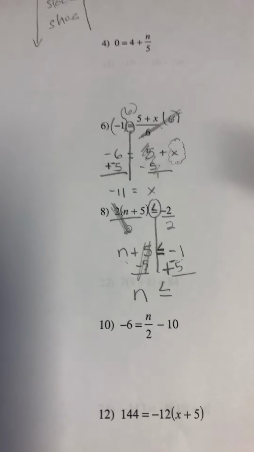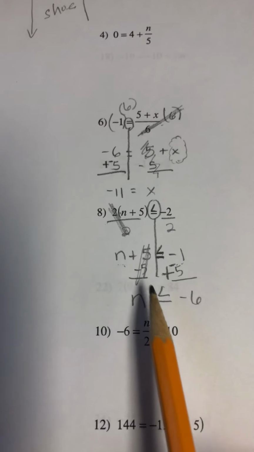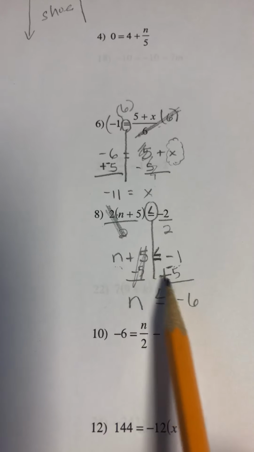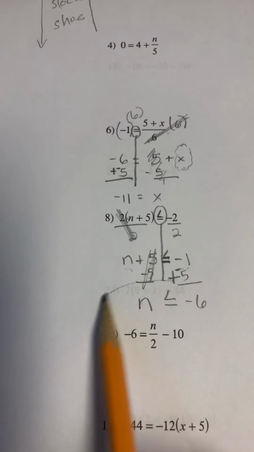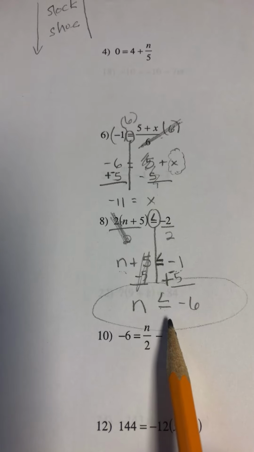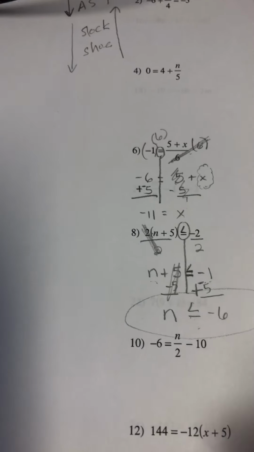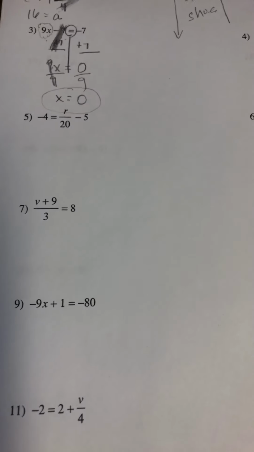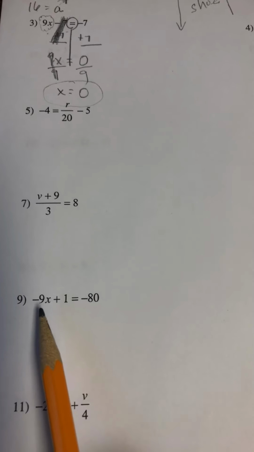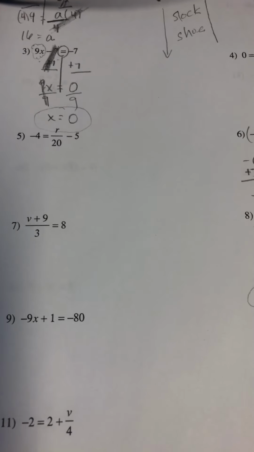So it's like a -1 and a -5, which give me -6. Because all I was doing was subtracting 5 from both sides, I do not have to flip my sign. You're only going to have to change your sign around if you divide by a negative or multiply by a negative. Okay, so this is a lot like what we were doing yesterday. It's just, instead of having only one step to get the variable by itself, you have 2.